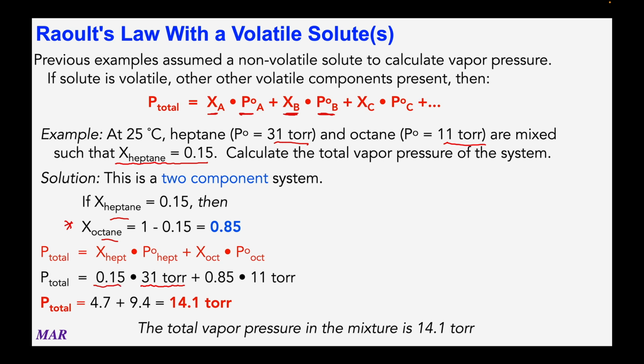So if 31 torr is the heptane, we'll multiply that by 0.15, the mole fraction of the heptane. And to that, we'll add the mole fraction of the octane times its vapor pressure, which is 11 torr in this problem. Multiply them together, add them up. 14.1 torr is the total vapor pressure in the mixture.